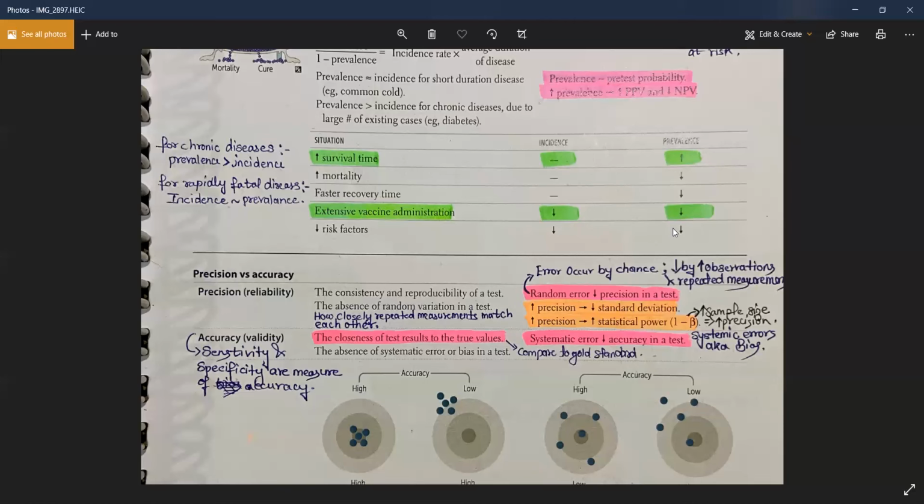For example, let me make up an example. If Step 1 asks you what is the most effective way to decrease the risk of having the hepatitis C virus, oh sorry, not hepatitis C but the hepatitis D virus, what is the most effective way to decrease the incidence or the prevalence of the disease with the hepatitis D virus?